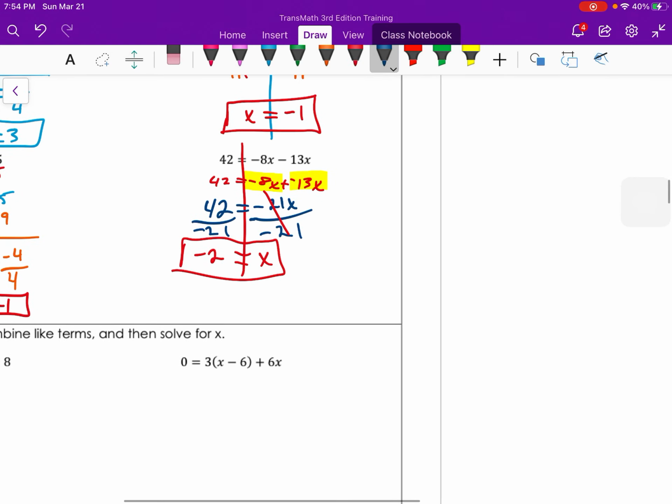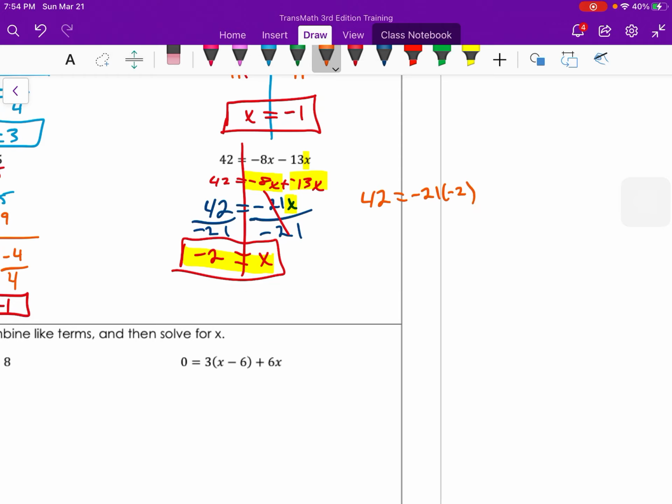So let's check it. Let's plug it in. We're going to substitute -2 for x into, well, actually, I'm going to do this part because this will be simplified down. So 42 equals -21 times -2. I just substituted this in for x. So I'm going to get rid of that.